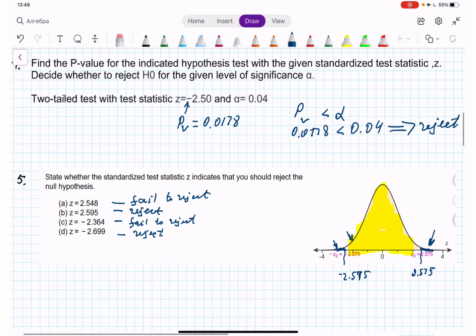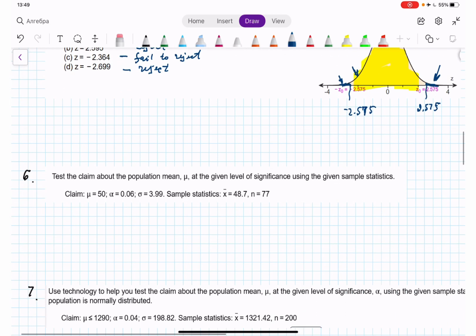Question number 6. Test a claim about the population mean mu at the given level of significance. Here it's given 0.06, using the given sample statistics.